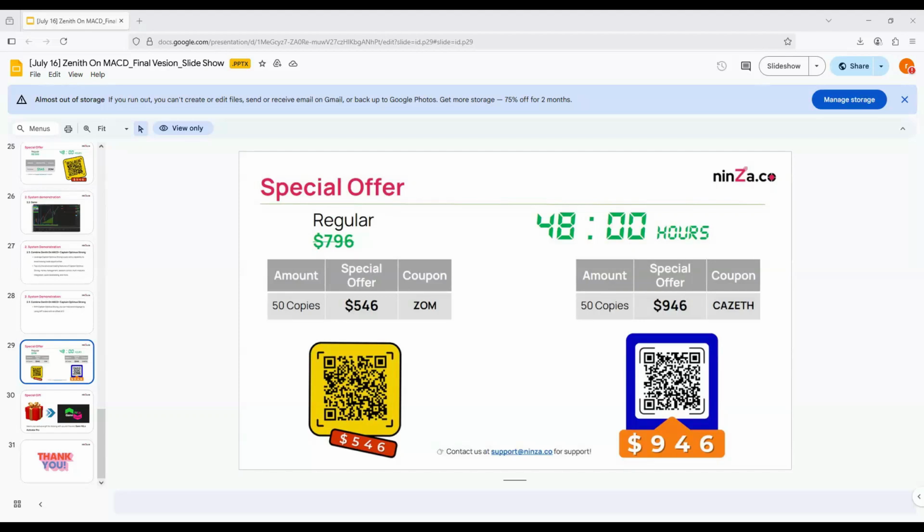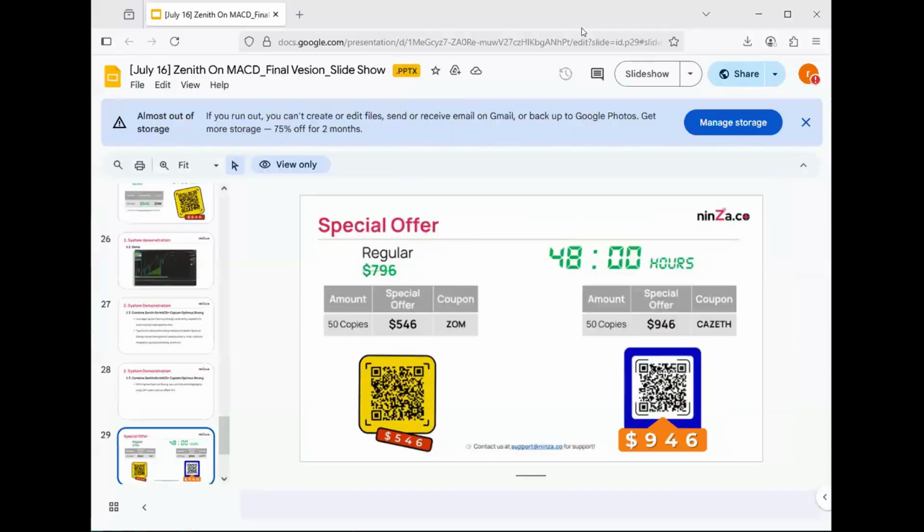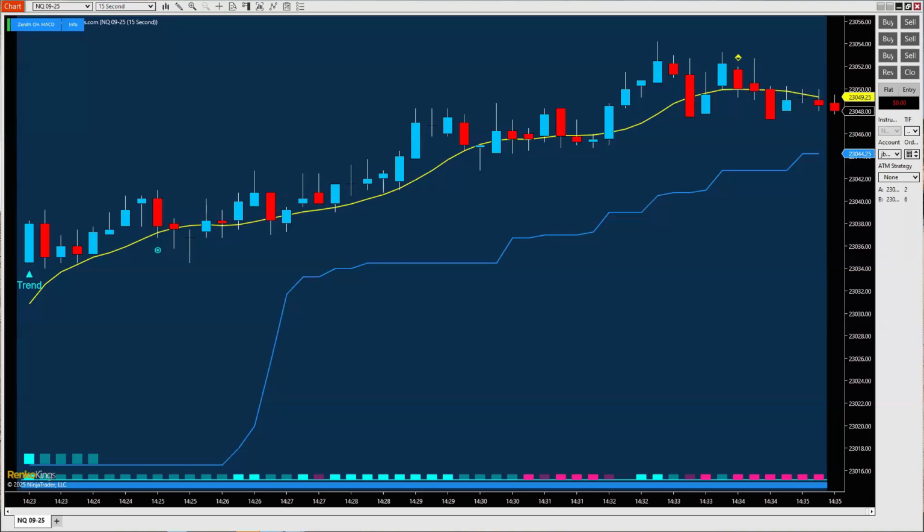Okay, so let me see. Hold on. Just kind of looking. We're getting a pullback, so I just want to get at least one live trade in there. Obviously, I can't promise it's going to be a winning trade, but I want to at least get one signal here.